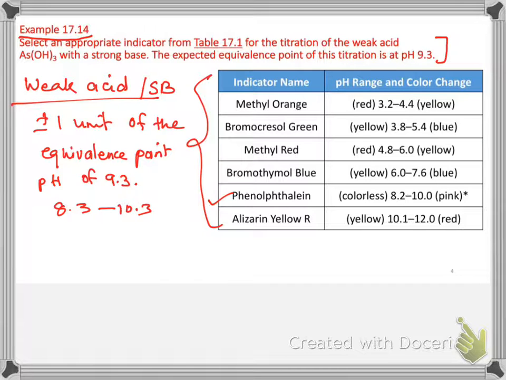So the lower bound of the phenolphthalein range is 8.2, which is just outside of the target endpoint range. So the best is here, if we look at this one, alizarin yellow, the lower bound is 10.1, which is within the target endpoint range. So this is the best choice.